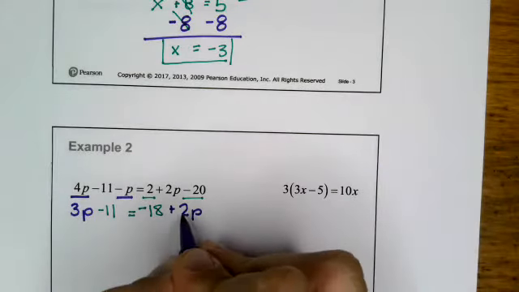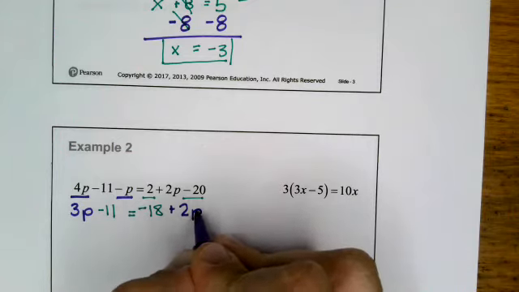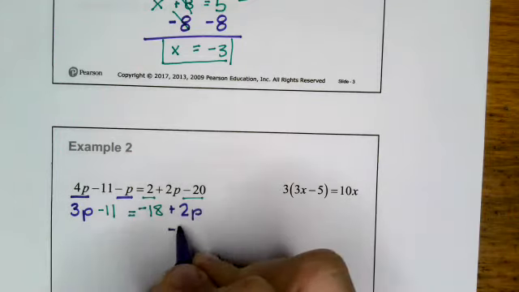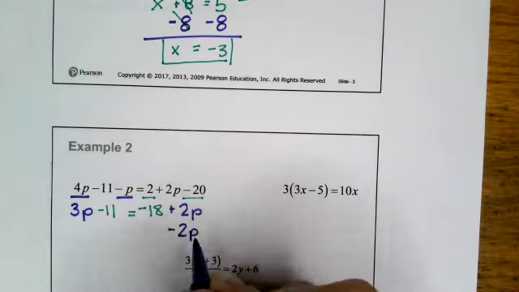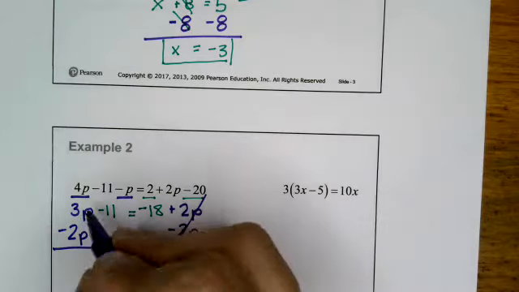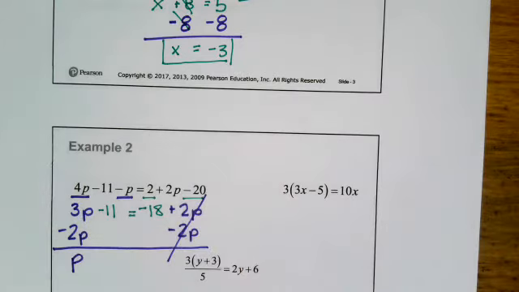So if I want to get rid of the positive 2p, I need to subtract 2p. Anything I do to the one side, I do to the other. 3p minus 2p is just p. Minus 11 equals negative 18. Now I need to move that negative 11 over.